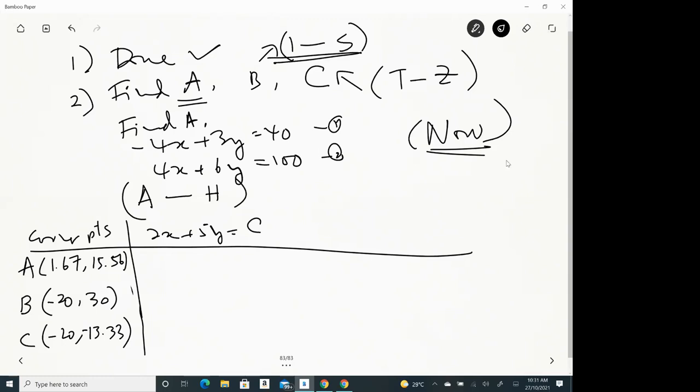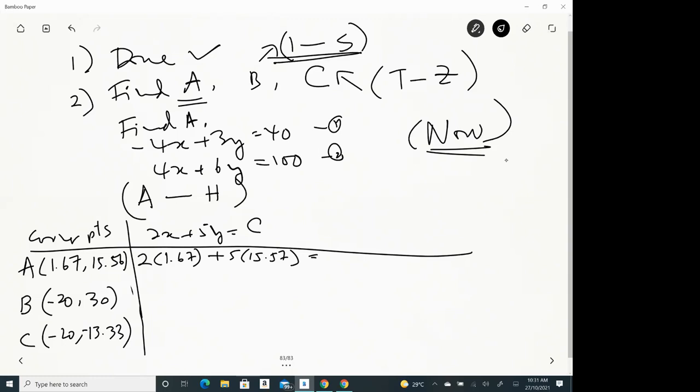First, for point A, we do the substitution right away here in the table. So you have 2 multiplied by 1.67 plus 5 times 15.57. What is it equal to? For those people who do point A, get the value.